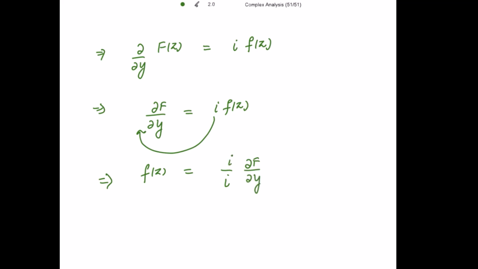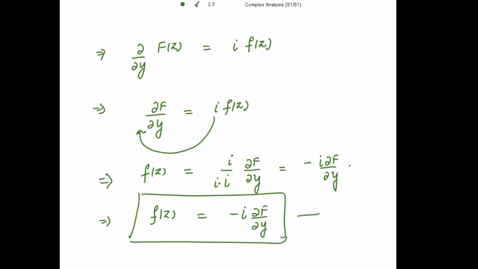If I multiply and divide by iota, I get iota divided by minus 1 times curly F over curly y, or it can also be written as negative iota curly F over curly y. So we are getting f of z equal to negative iota curly F over curly y. Please mark this as 1.